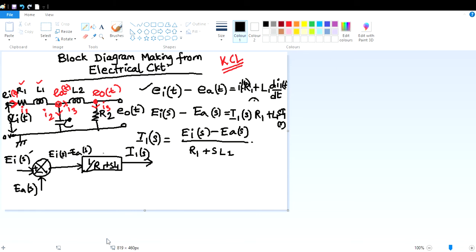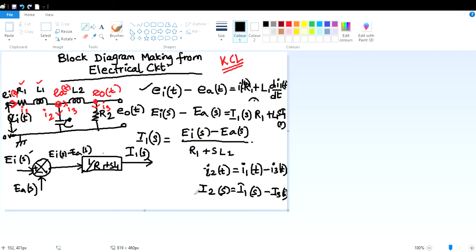Next, if you remember, the second equation that we have written was I2(t) equal to I1(t) minus I3(t). If I transform it in the Laplace domain, I2(s) will be I1(s) minus I3(s).